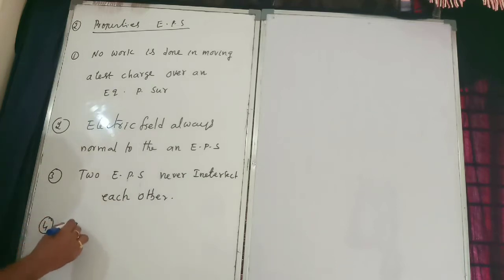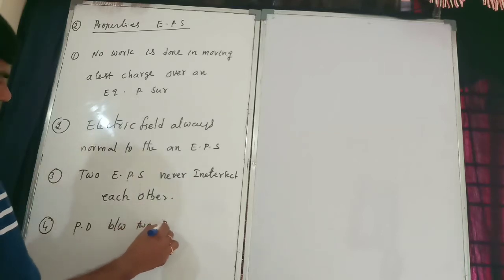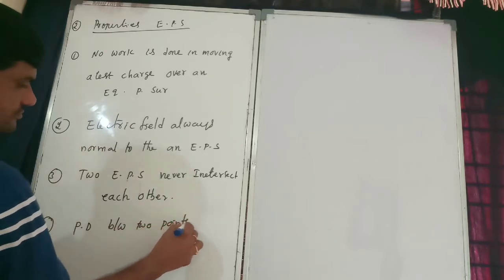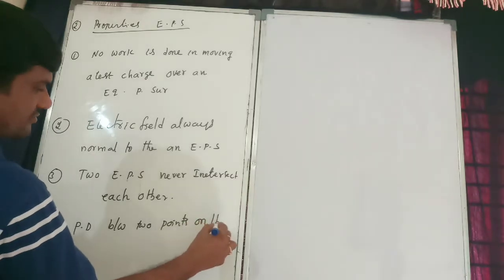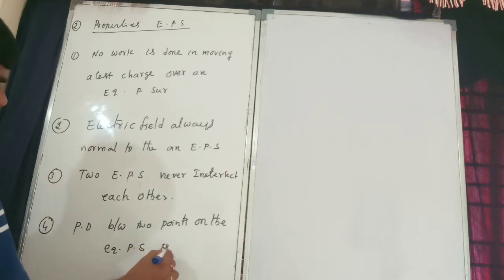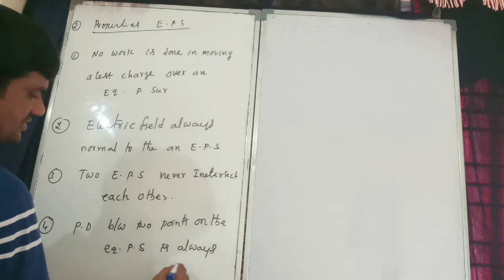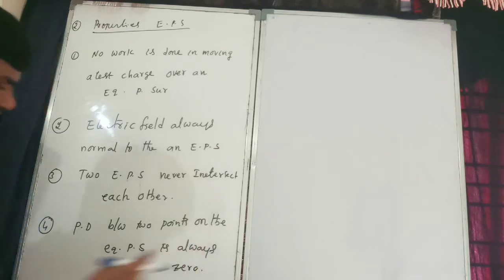Okay, the potential difference between two points on the equipotential surface is always 0. This point you can remember.